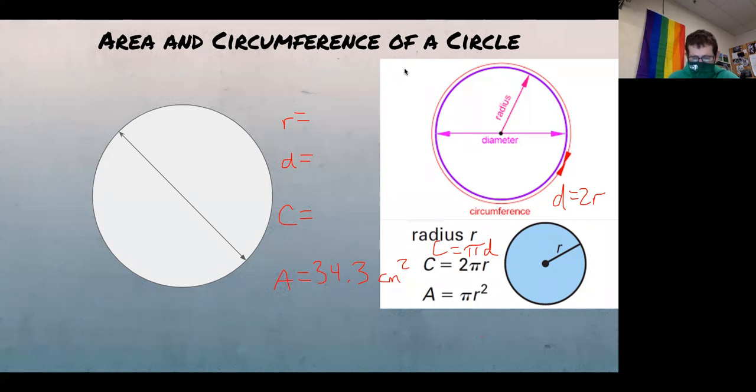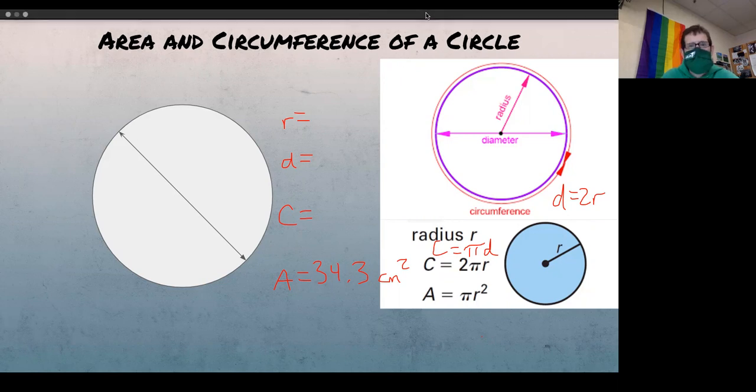So maybe we don't solve for everything, but, you know, well, I'll just leave it up there. I take that back. Let's solve for everything. So just to give everyone a hint for this one, since we know the area is 34.3 square centimeters, I can go ahead and use my area formula, which is pi r squared. 34.3 equals pi r squared.